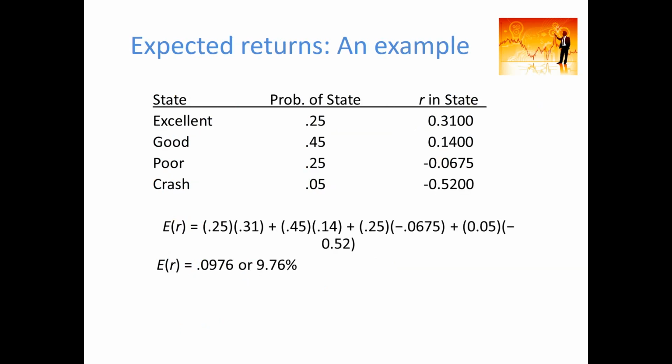So if we look at this example, we have a possible investment where there are different states of the economy, and the probabilities of these different states are like this, and we have the return in each possible state. Now, if we want to calculate expected return, we simply multiply the return in each state by the corresponding probability, and we sum them up to get the expected return.